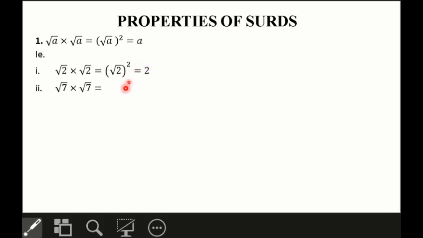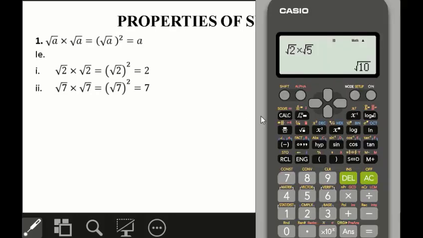Let's also include that if we have the root of 7 times the root of 7, we multiply these two together because they are alike, we can write it as the root of 7 all squared, which at the end of the day will give us what? 7. Let's pick our calculators and confirm these solutions.